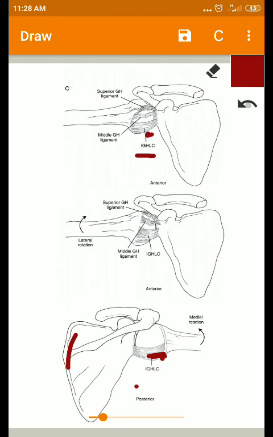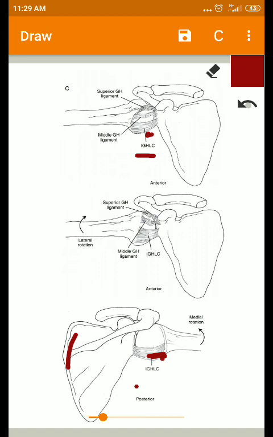In all positions of humeral abduction, as well as lateral and medial rotation of the humerus, the capsule and glenohumeral ligaments tighten and increase glenohumeral joint stabilization.